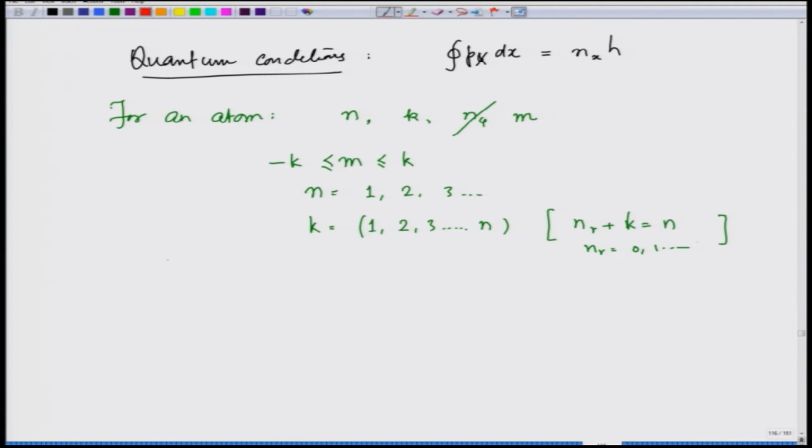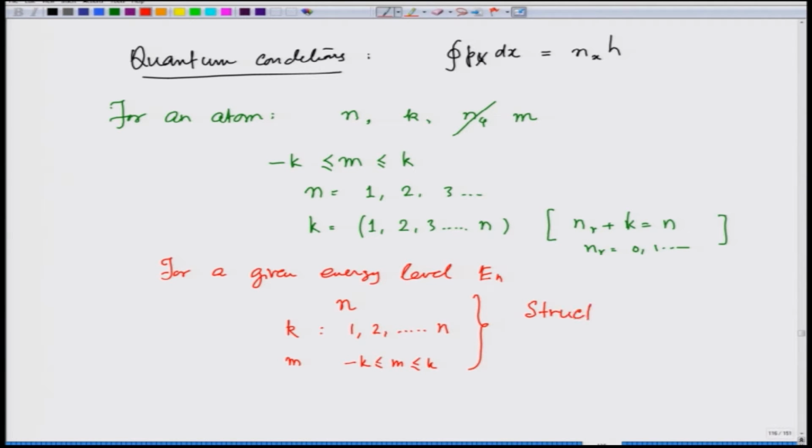So, for a given n, a given energy level, that energy E_n is fixed, the quantum number k would vary from 1, 2 all the way up to n, and m which varied from -k to k, and this would give me the structure of the atom.